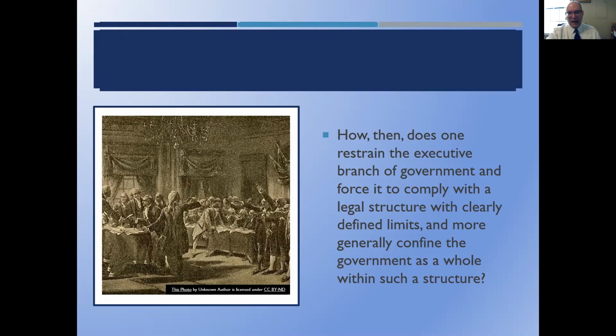So there it is, how do you have a government that can govern effectively, a government that is strong enough to govern effectively but will not abuse its power? And that's basically what the Federalist Papers are trying to figure out. 10 and 51 in particular, trying to explain to people, here's how this government will be strong enough to govern effectively, to maintain order, to do the things that governments need to do, and yet will not abuse its power. And one of the crucial ideas is checks and balances, separation of powers, okay?